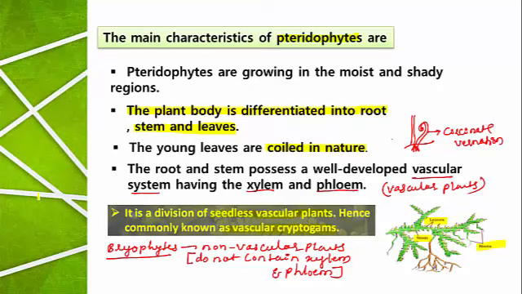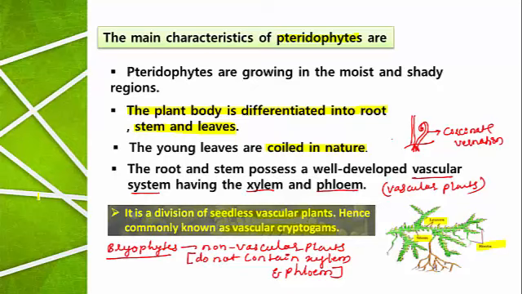For the first time, seed production started in the gymnosperms, which I am going to explain in the next class. So commonly the pteridophytes are known as vascular cryptogams, because they are seedless vascular plants. They do not produce seeds, but they contain xylem and phloem in their plant body, so pteridophytes are known as vascular cryptogams.